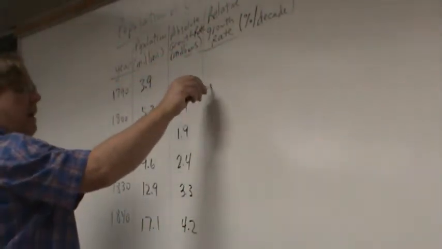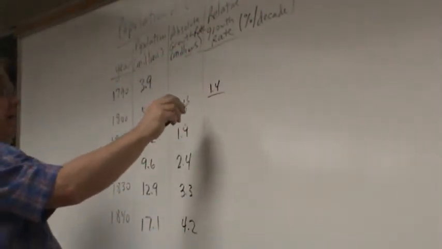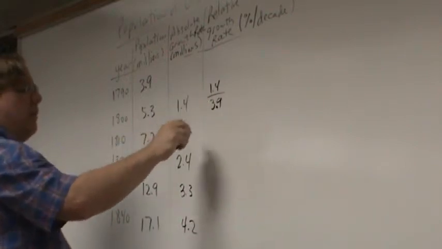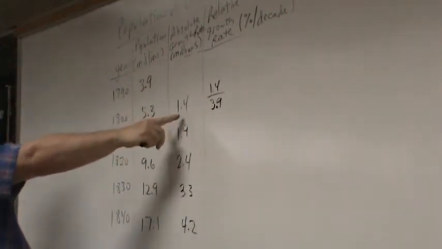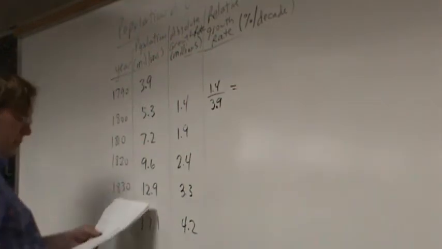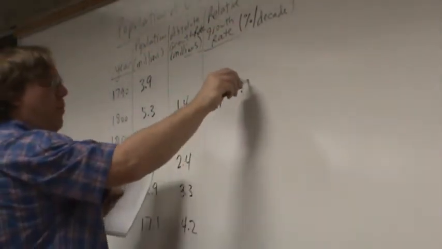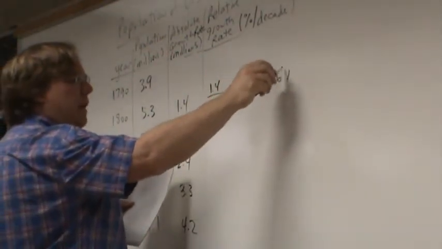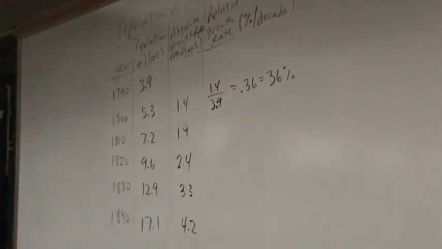And that's going to be absolute growth divided by the population you started with. So you started with 3.9, you grew 1.4, and now you've got this growth rate here of 0.36, which is 36%. Okay? So please do the same for each one of these, and so will I.